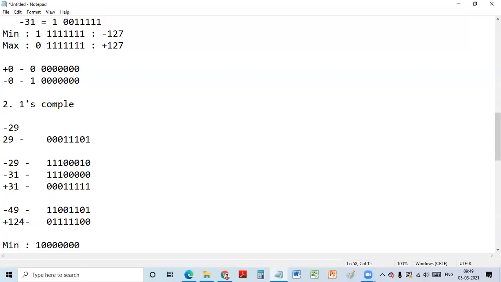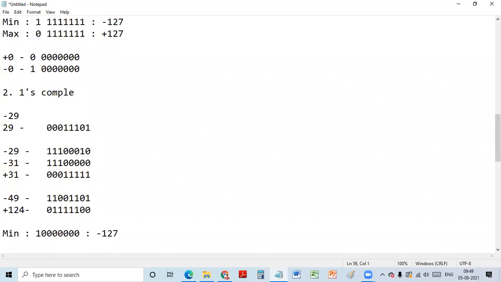Then this will be the minimum number. Because while calculating the magnitude, we have to complement this, and after getting the magnitude, we'll apply the sign. So what is this value? Minus 127. And what is the maximum number? 0 and all ones, positive and all ones, which is nothing but plus 127.